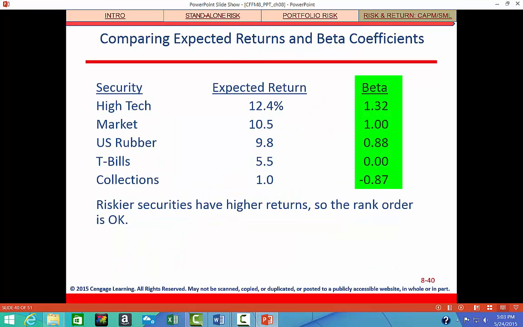They've calculated a beta for each of the different investment choices we had before. You can see that the betas follow in line, going from the highest beta down to the lowest beta, similar to the expected return going from the highest return down to the lowest return. This should make sense, with riskier stocks having higher betas.